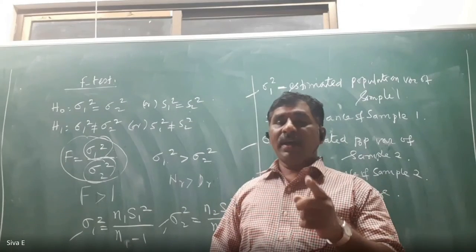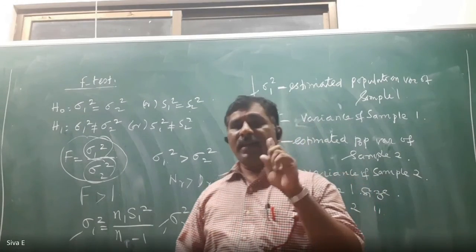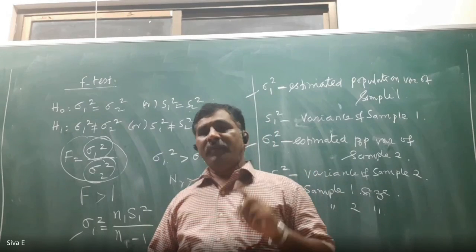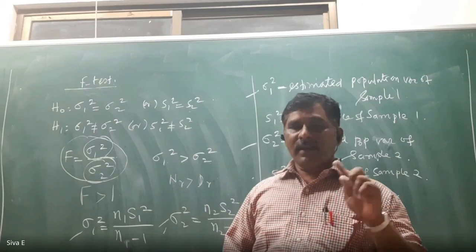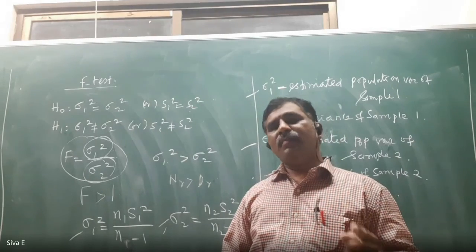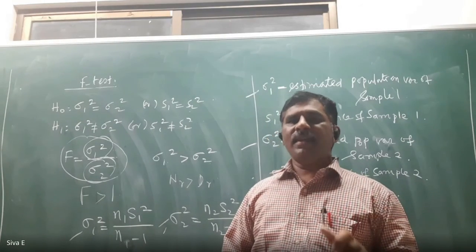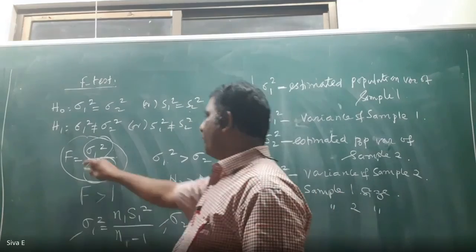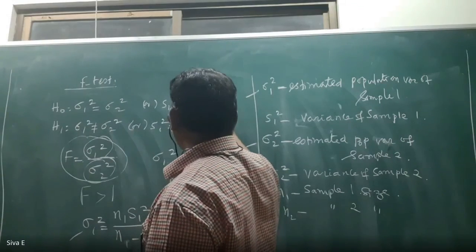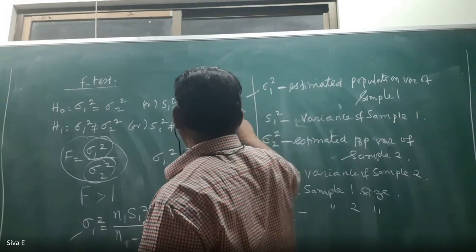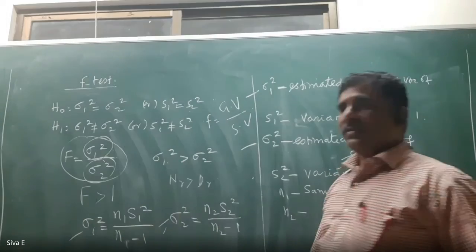Which one has greater variance? That is sample 1. Which one has smaller variance? That is sample 2. Therefore, F also can be written as greater variance by smaller variance.